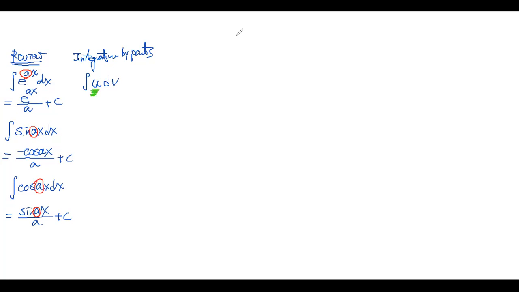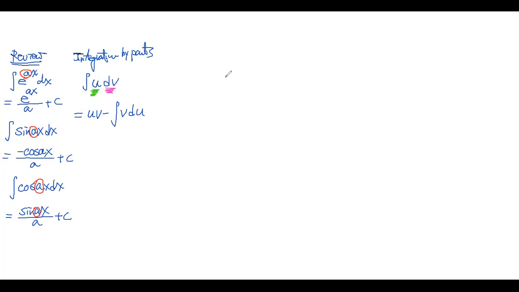One part is u, and another part is dv. That's why we say it's integration by parts. The formula will be uv minus the integral of v du.